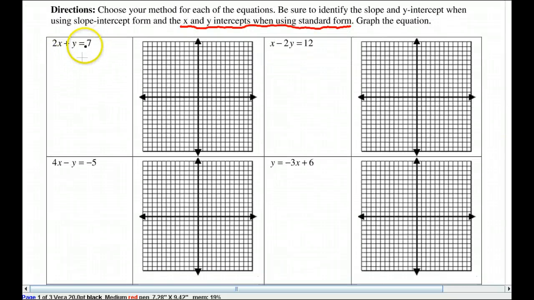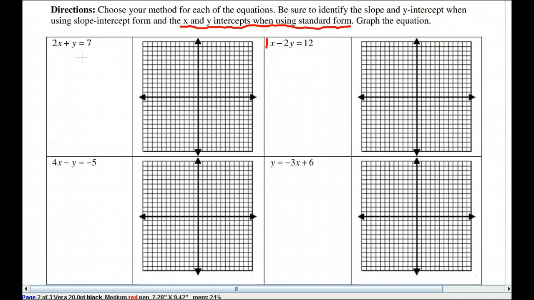But yeah, 2 doesn't go into 7. So, I mean, we could do it. We'll get 7 over 2, which is 3.5. So we technically could do it, but I know most people would probably prefer to avoid fractions. But if we go over here, yeah, 1 and negative 2 go into 12. So that's probably better for intercepts. That'd be really quick to do intercepts.